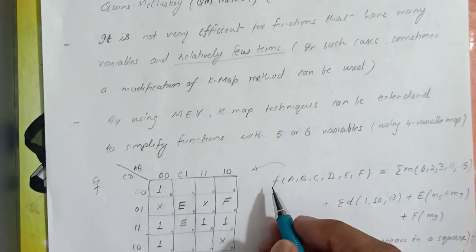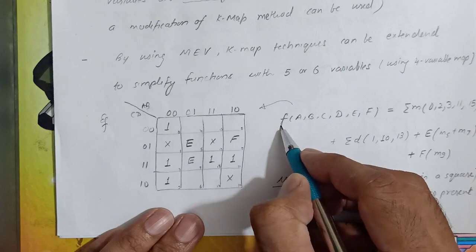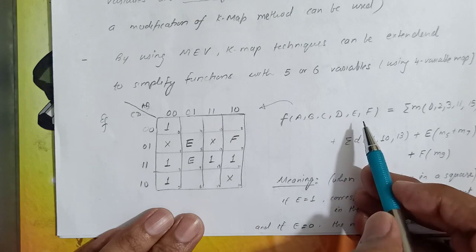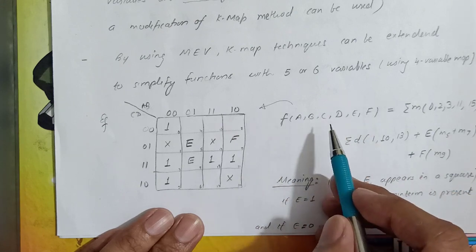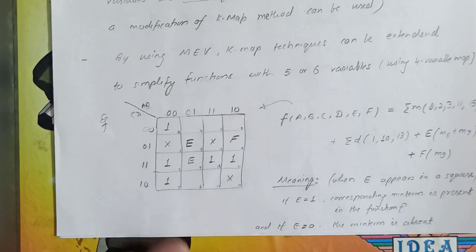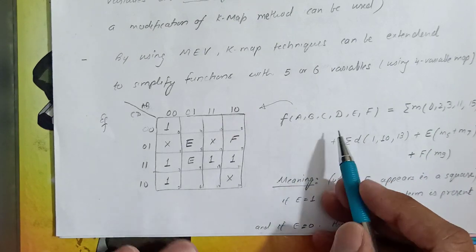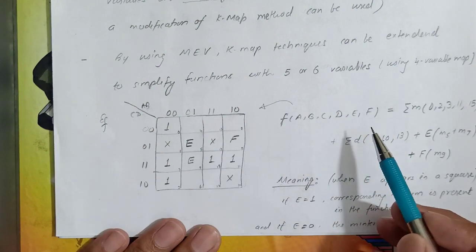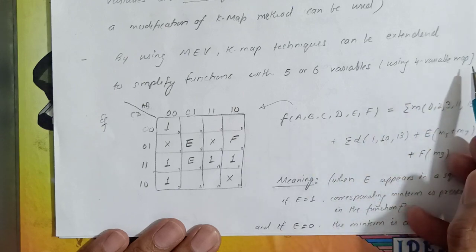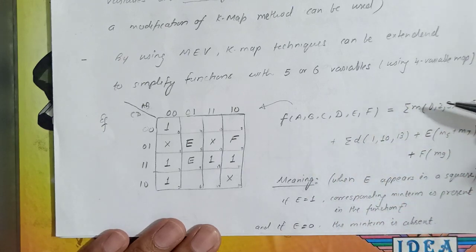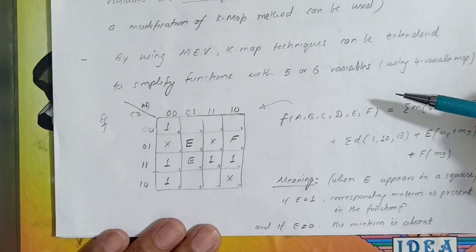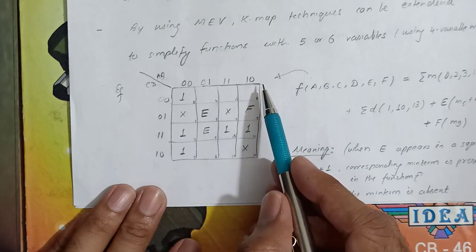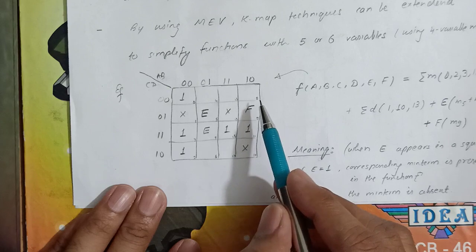Yes, so just suppose this is a function of 6 variables, and for this switching function we want to find the minimum expression. We cannot directly use a 4 variable K-map. We will modify the 4 variable map in such a way that we can simplify the given function. So this is an example of an MEV K-map.